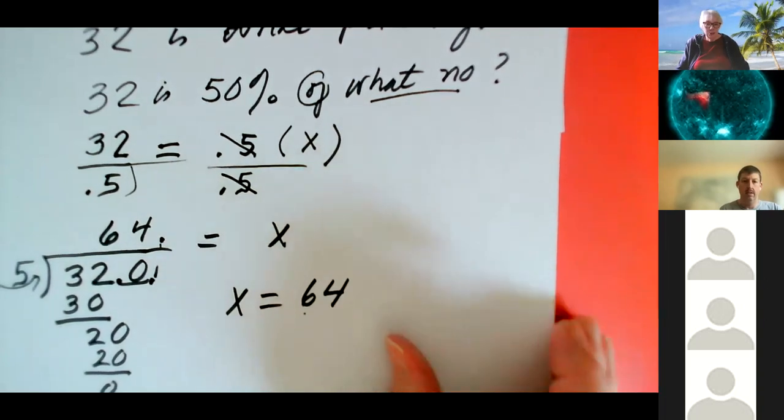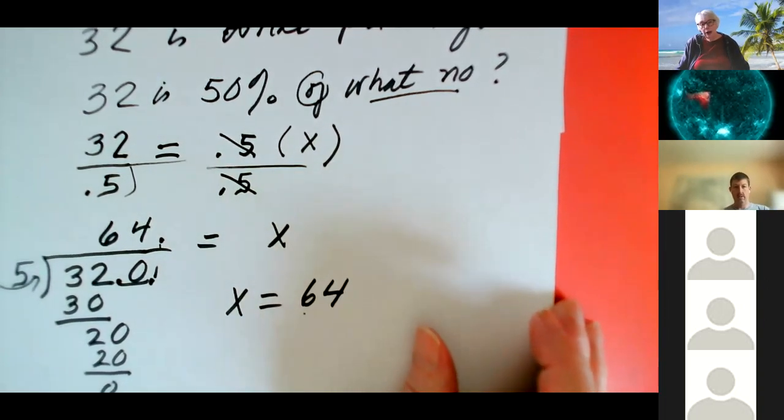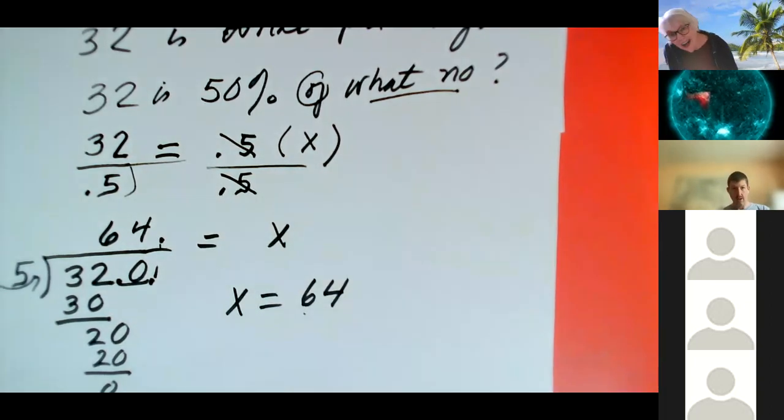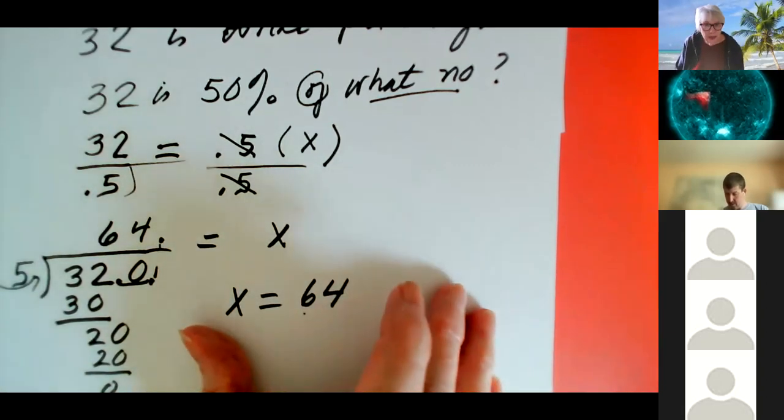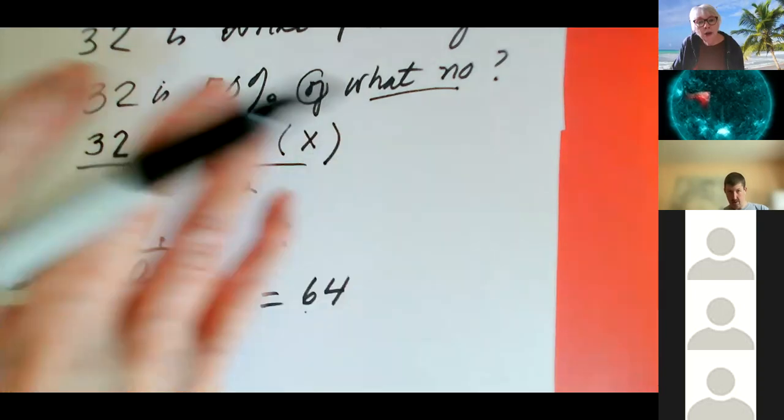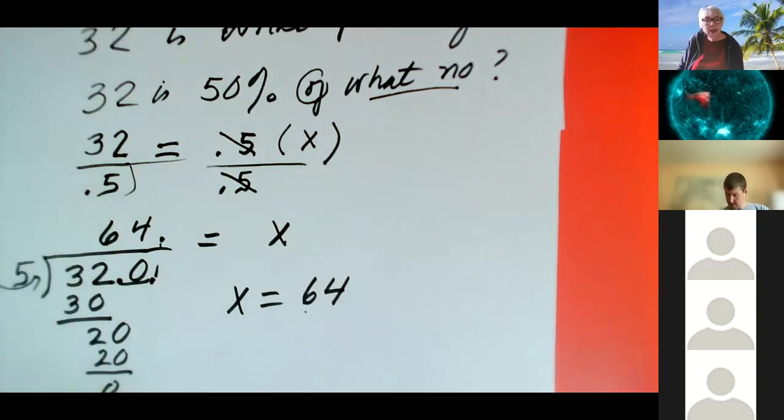I once had a student who... I taught them percent. I love this story. I taught them percents, and they had done a lot of business with a lumber yard, doing home remodeling. And they were giving the person a discount of a certain percentage. After we went over this and she understood what was going on, she realized that they had done their calculations wrong, to their benefit, by the way.